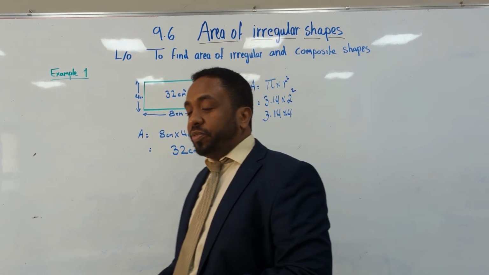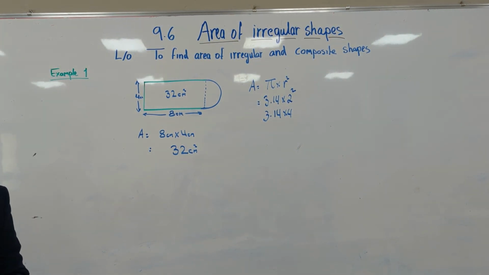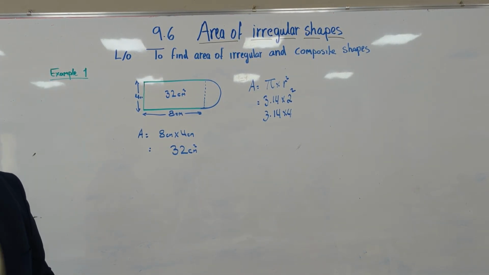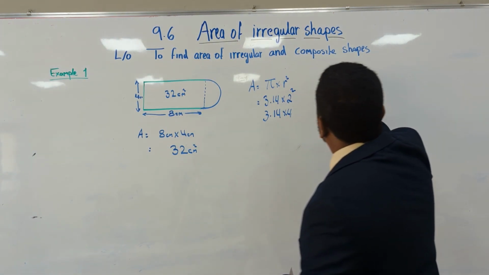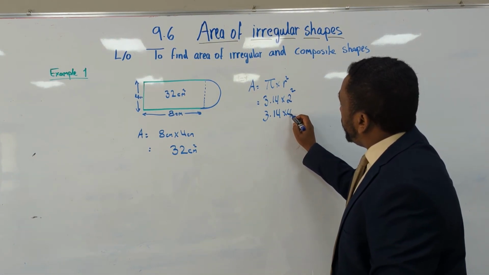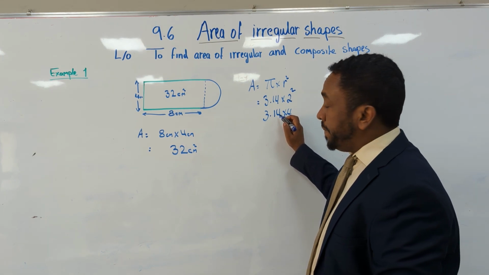What is 4 times 3.14? Okay, let's multiply out. So we have 4 times 4, 16.